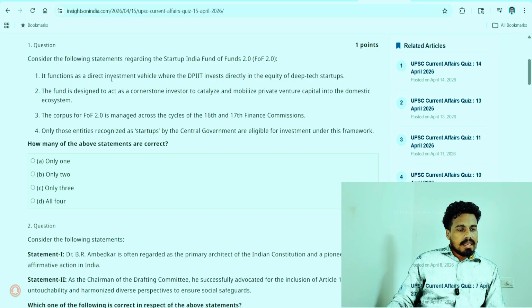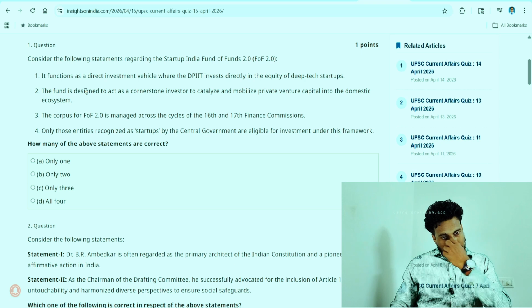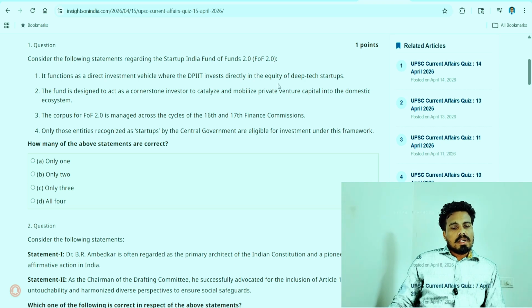It functions as a direct investment vehicle where the DPIIT invests directly in the equity of deep tech startups. Okay, no idea. We will skip to the second one. The fund is designed to act as a cornerstone investor to catalyze and mobilize private venture capital into the domestic ecosystem. See, this is what happens in India now. We are mobilizing private venture capital into our domestic ecosystem, so then only India can develop.